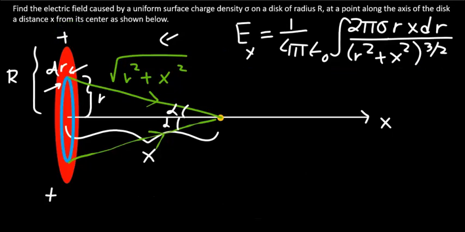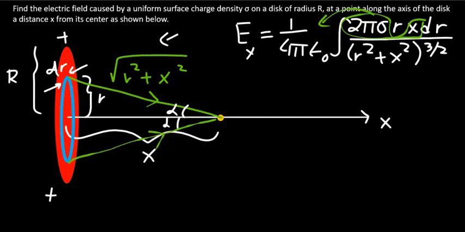You note that this is an integral in the variable r. x is a constant as far as the integral is concerned, because as you move around this ring, the point of observation does not change, thus x does not change. So let's bring these constants out of the integral sign.